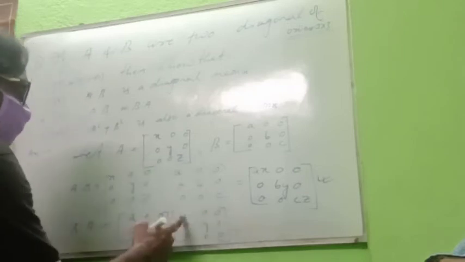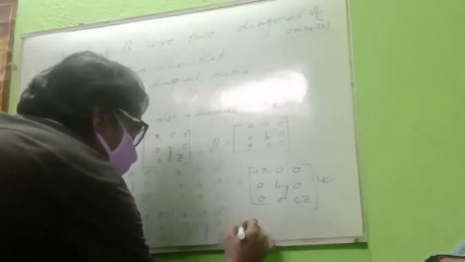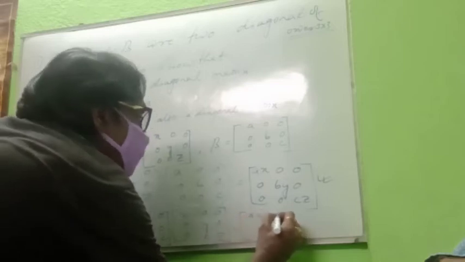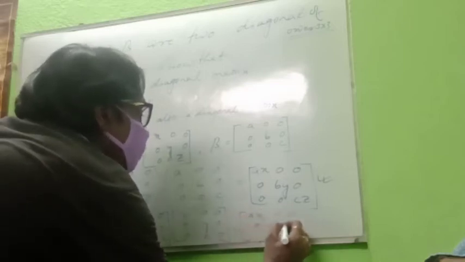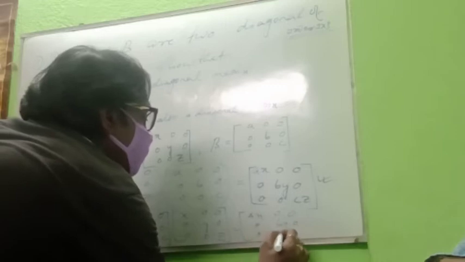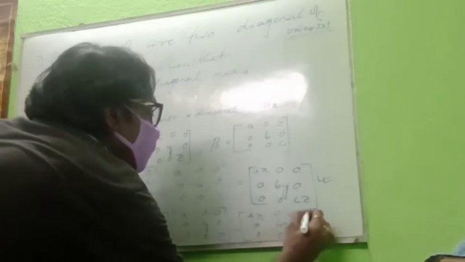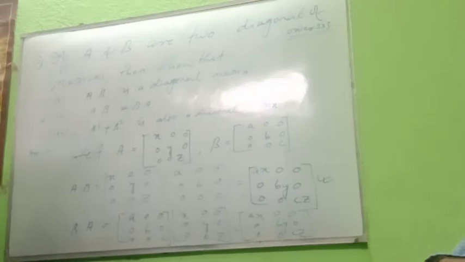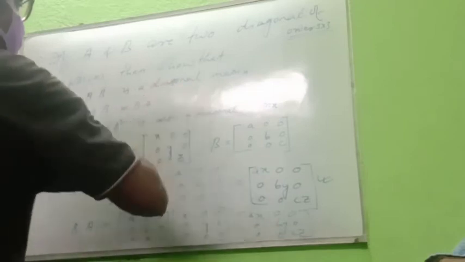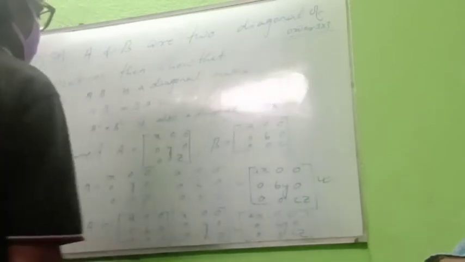Same thing, ax, 0 0, 0 by 0, 0 0 cz. Therefore, what is the conclusion? A into B is equal to B into A. The second part is also proved. First part proved, second part proved.